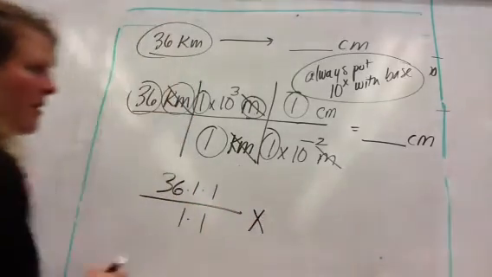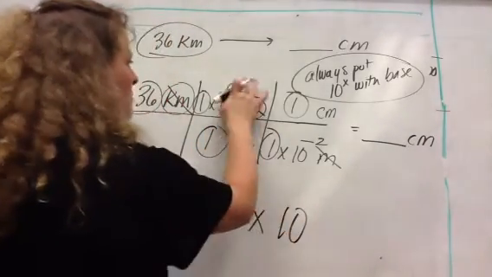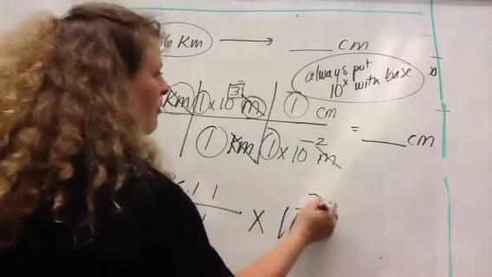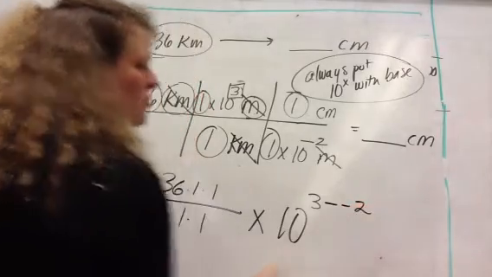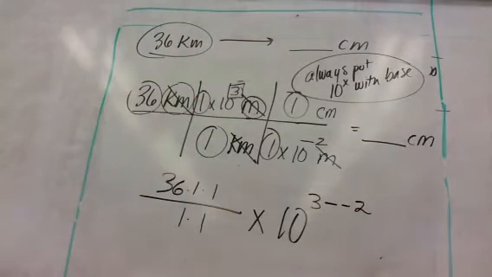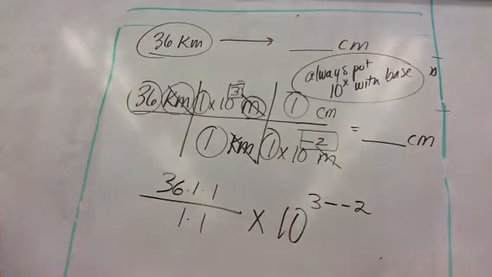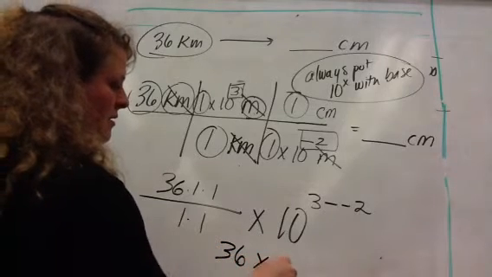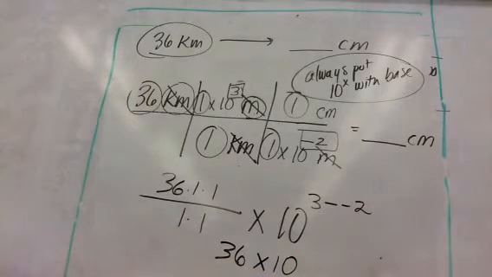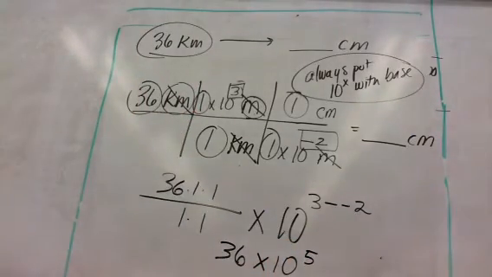That whole thing times 10 to the, got to subtract, 3 minus negative 2. So we end up with 36 times 10 to the what? Times 10 to the 5th. So we just have to correct our scientific notation, and that's it.